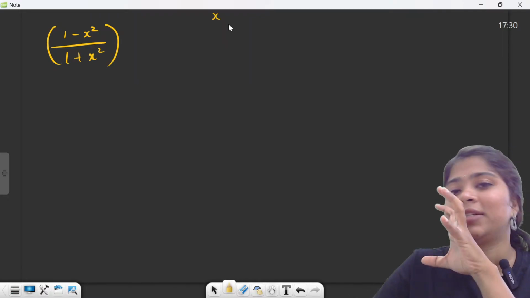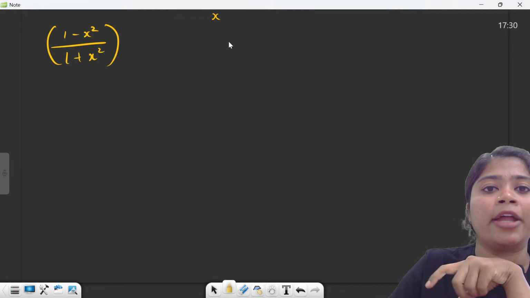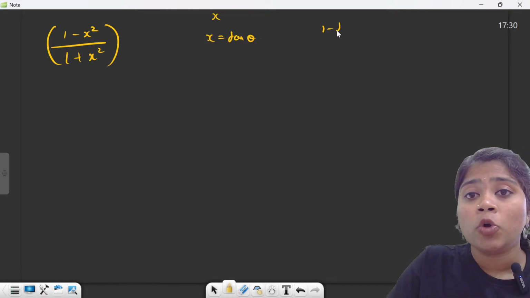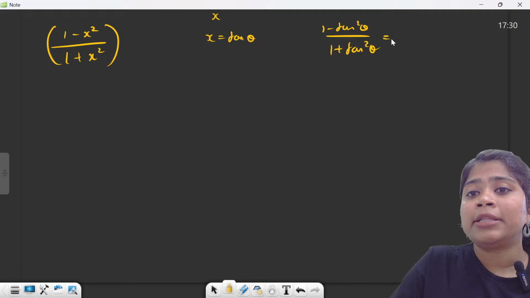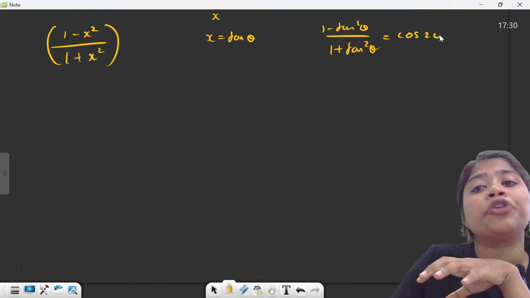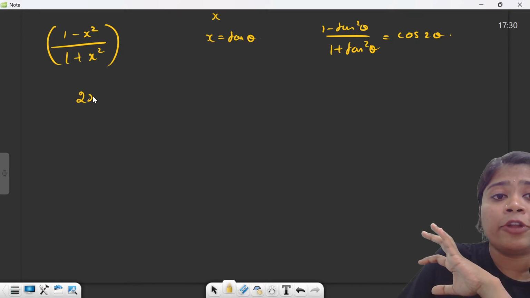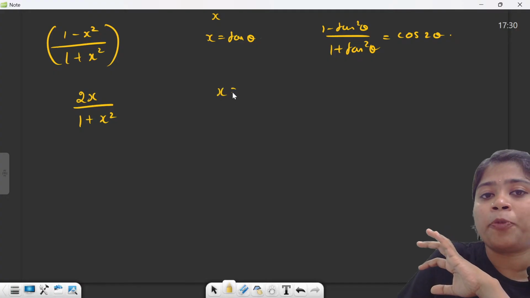What is the correct substitution of x? In this scenario, you can use x is equal to tan theta. What will it become? 1 minus tan square theta divided by 1 plus tan square theta. The expression will become cos 2 theta. Understood?